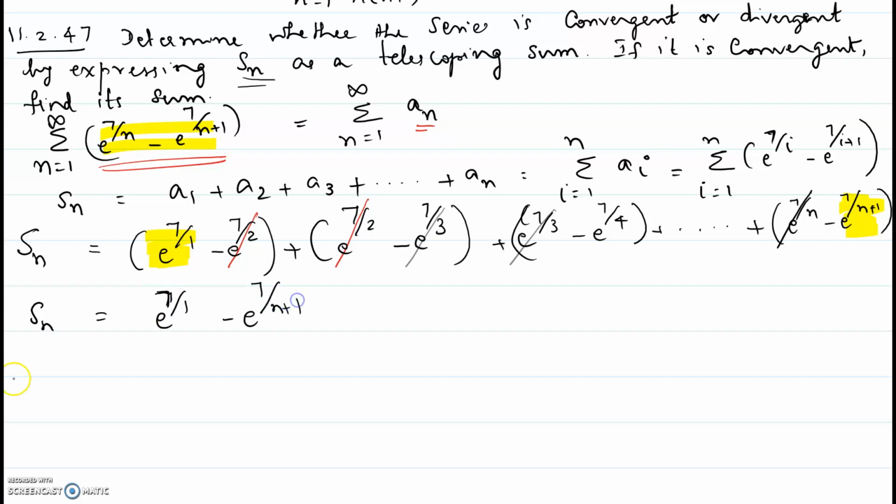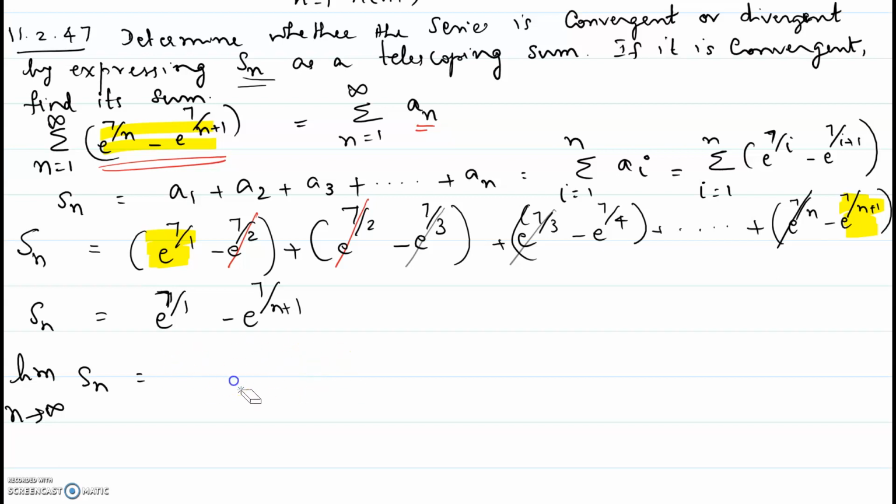n plus 1. Now the limit of the partial sum is the actual sum of the series: e to the 7 over 1 minus e to the 7 over infinity, with n equal to infinity, so that will become 0, e to the 7 over 1 minus e to the 0.